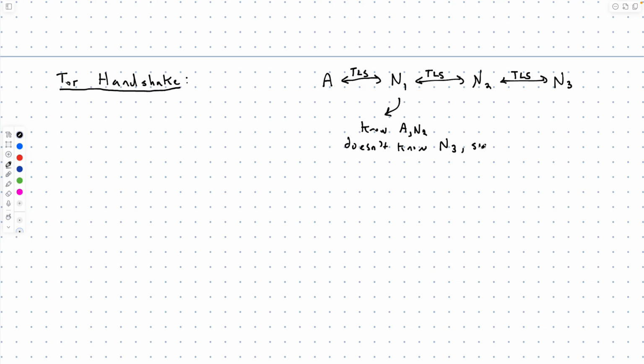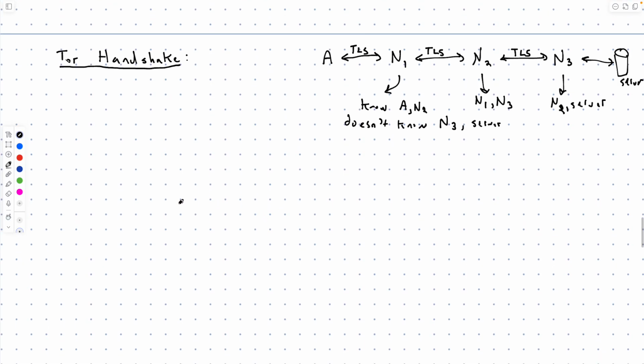So we'll have a server over here, and this can be many servers over the course of a connection. N2 is allowed to know N1 and N3, and N3 can know N2 and the server. And then they can't know anything other than that.